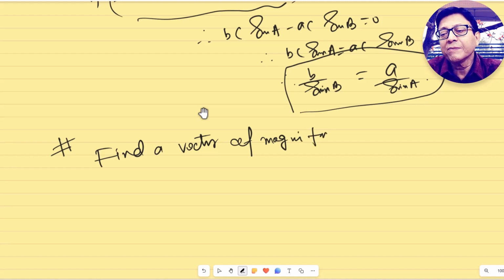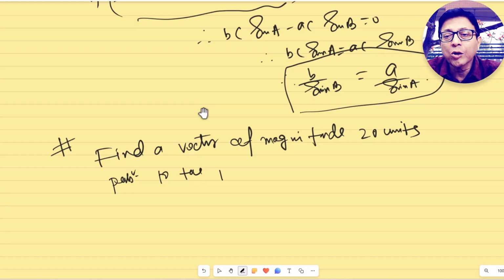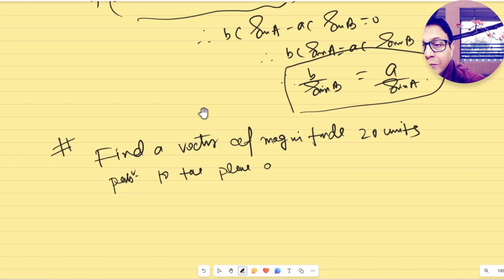Sin A cos B plus cos A sin B, and if minus is there, it will be minus. You try. If you are not able to do it, you write in the comment box. Definitely I am going to solve it.